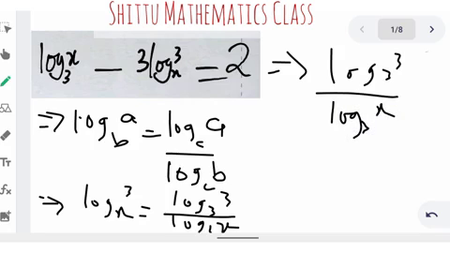So I try to rewrite it here. So from there, the next thing we are going to do, we can see that log 3 base x has been changed to this form, that is log 3 base 3 over log x base 3.